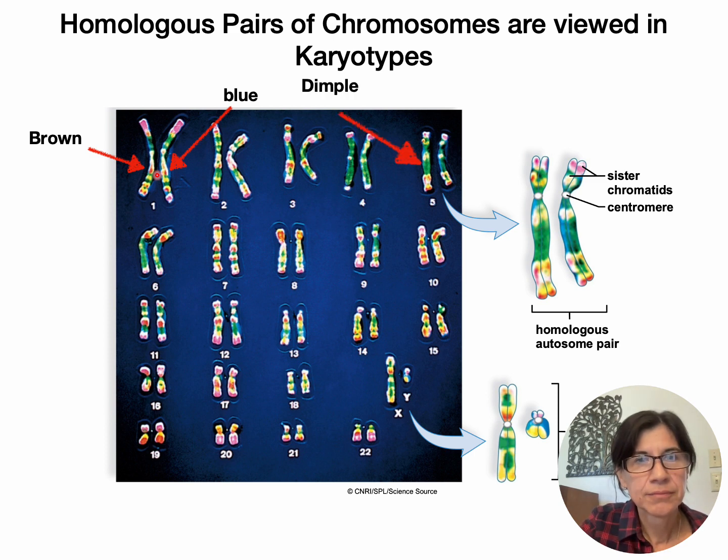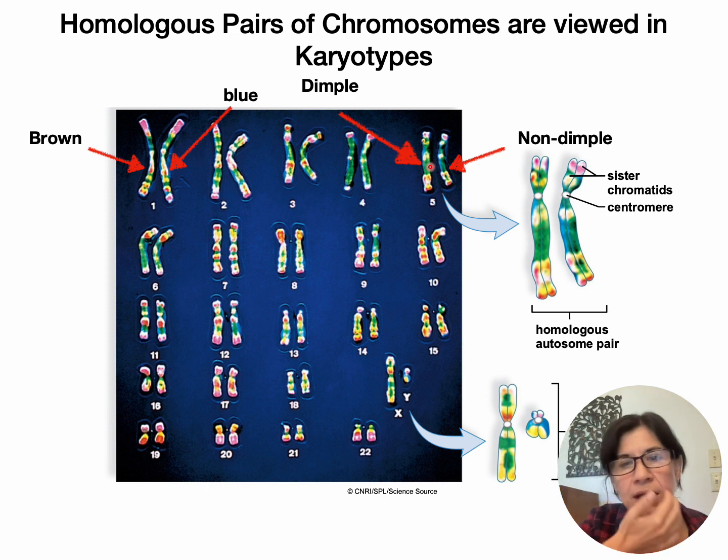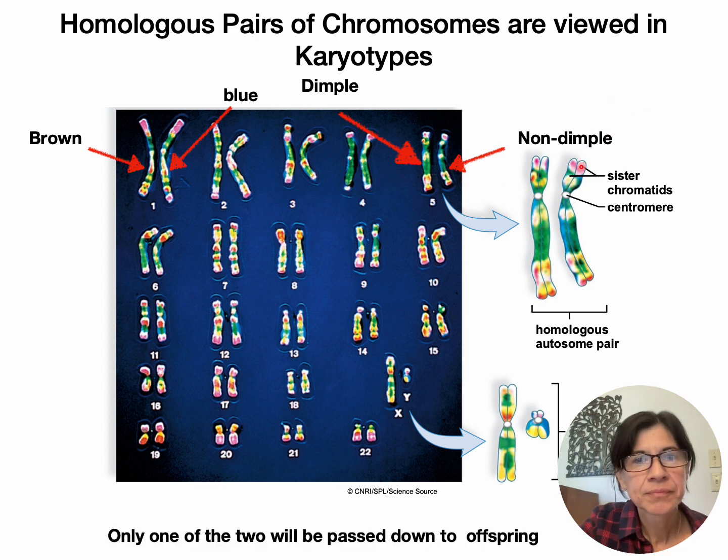Another example, chromosome pair number 5. Maybe this one contains a gene that will make your cheek get a dimple, but this one is the gene for no dimple, okay? Same idea.